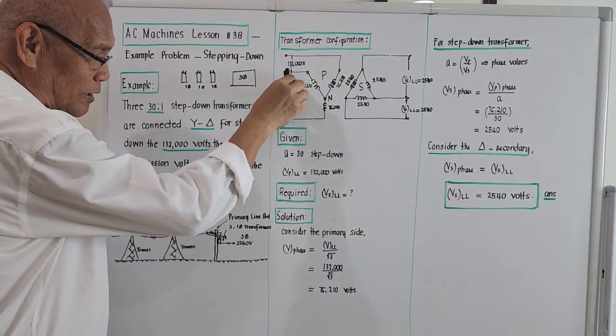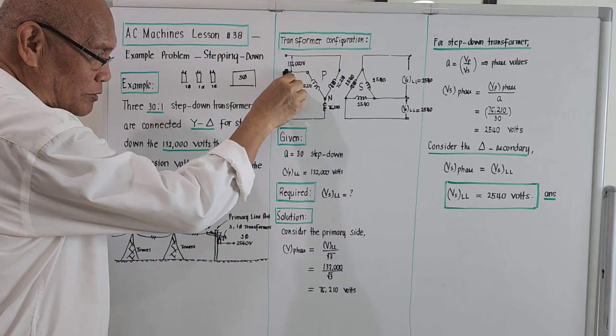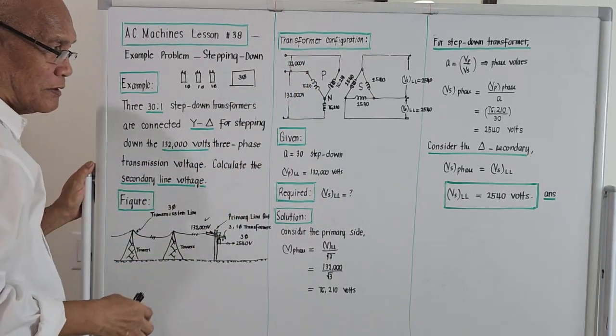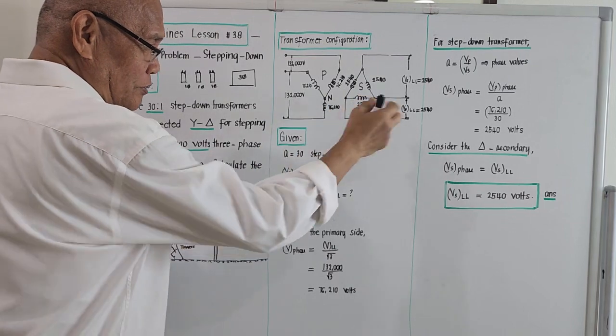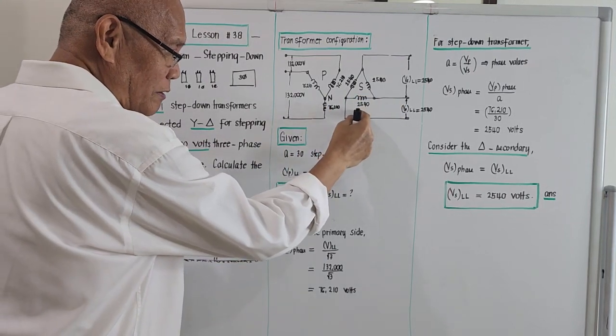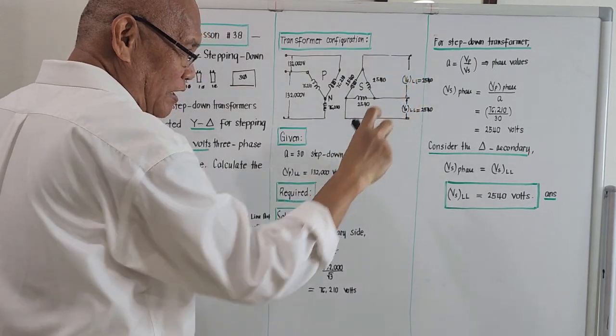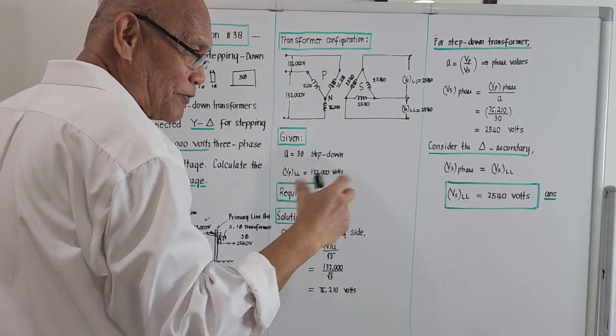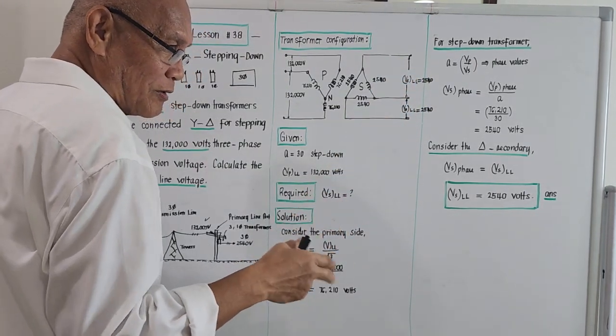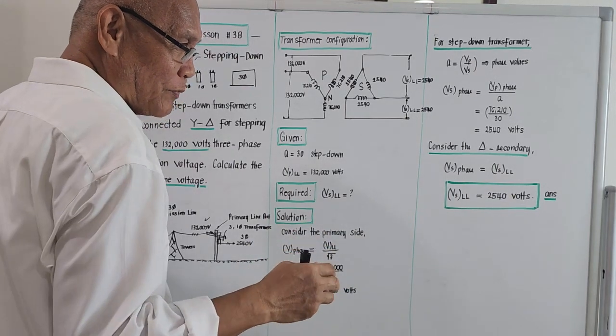The given line-to-line voltage is 132,000 volts. The problem is asking, if the connection on the secondary side is delta, what will be the line-to-line voltage there? Is it safe enough now to be handled by the electricians?